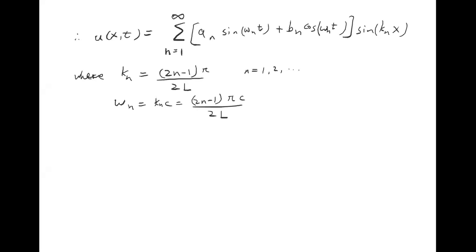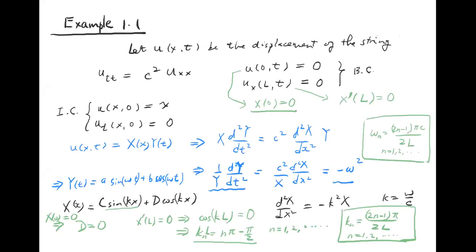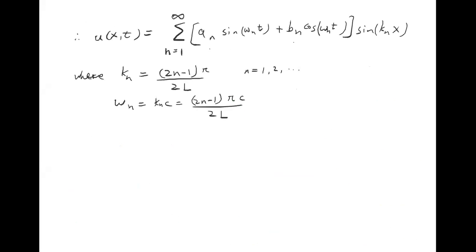Well, now we need to fix these two constants, and we have to use the initial conditions. So this one and that one, okay? There are the two initial conditions. In particular, the second one, you will see u sub t being 0 initially. Then we can see here immediately, you just work out the u sub t.